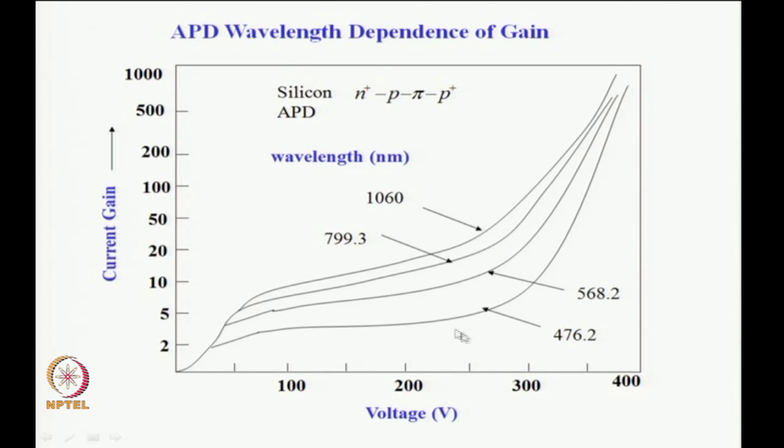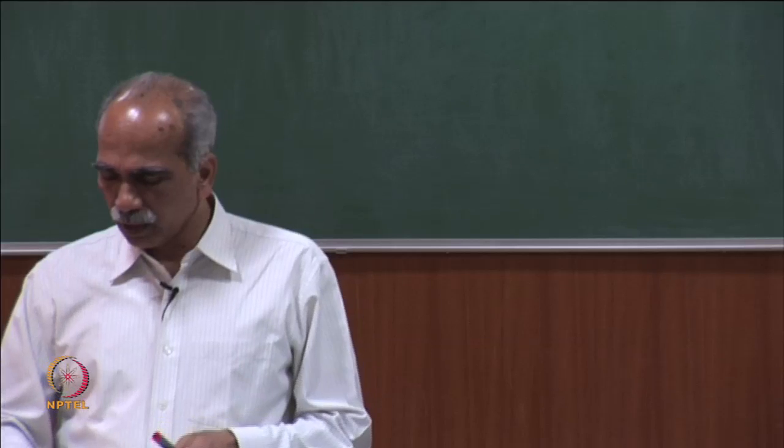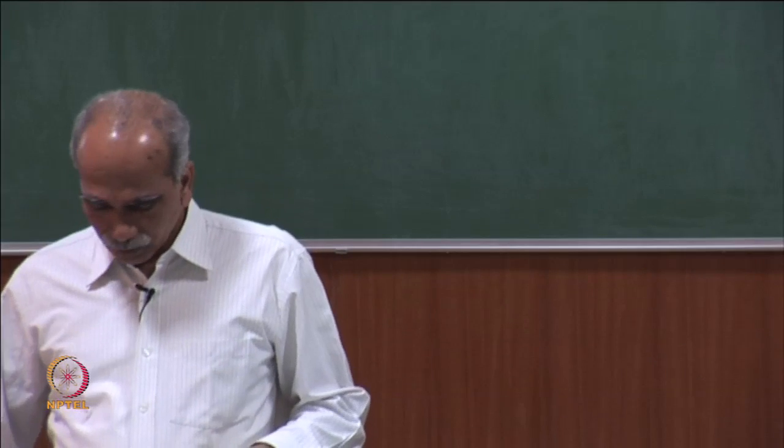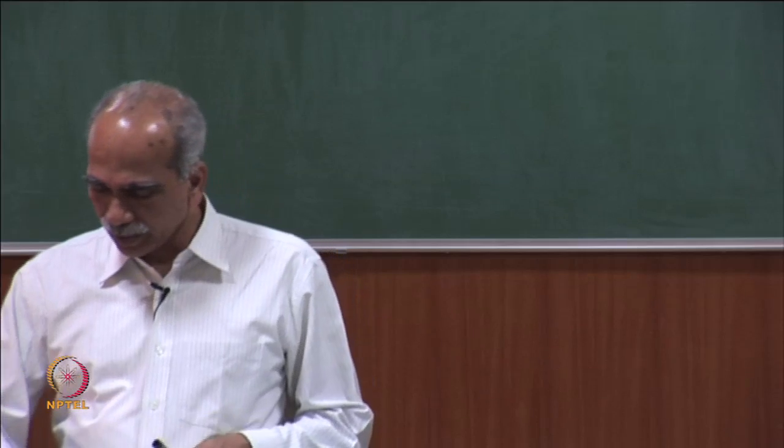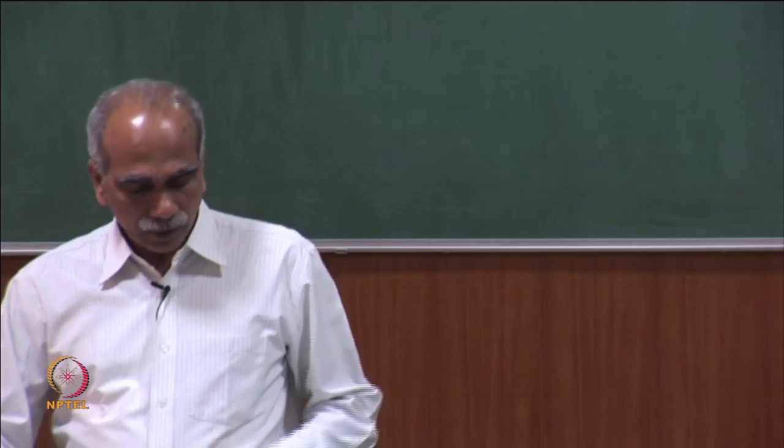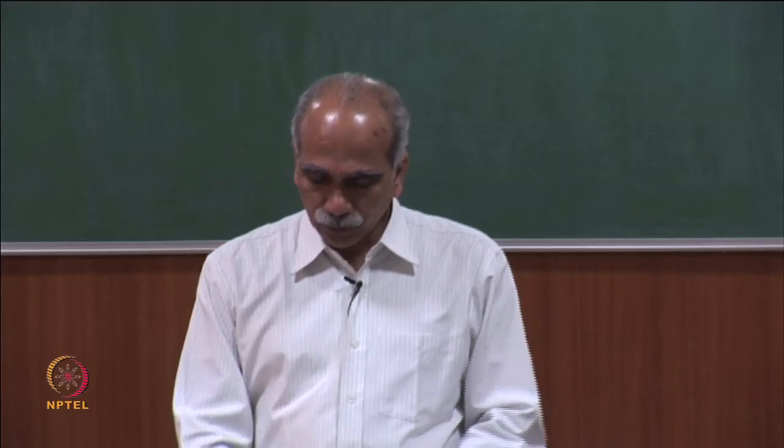This low value of current gain and higher values of current gain are primarily because of the quantum efficiency. We know the quantum efficiency of silicon, we have already seen this in one of the earlier curves, or maybe let me show right here.